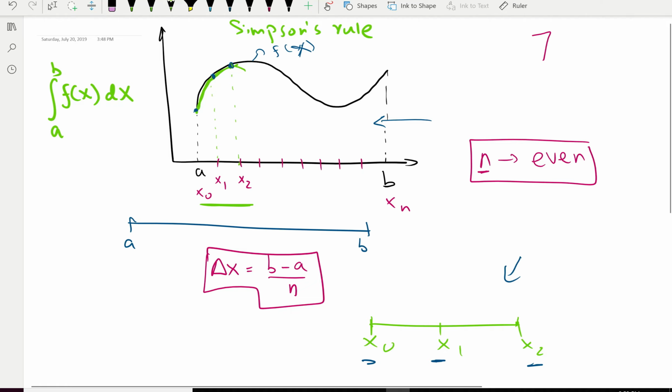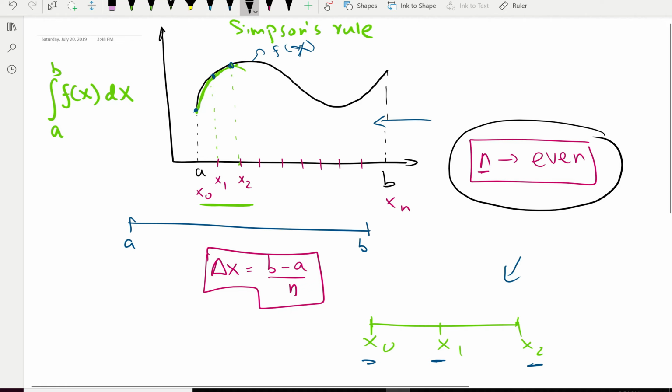What are you going to do with that? You cannot do anything. Because of that, when we use Simpson's rule, we have to make sure that n is always even, since we create each parabola using two subintervals.